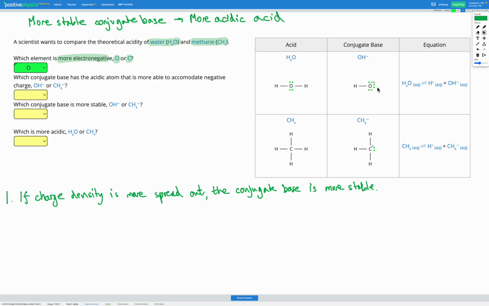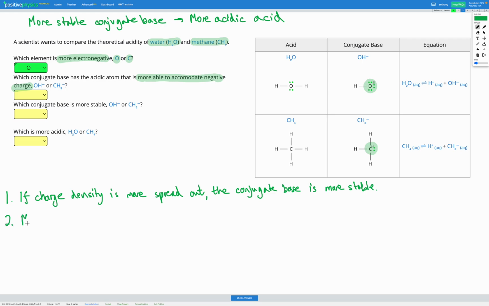So looking at our conjugate bases here, the oxygen and the carbon are the atoms that have the extra electron on them. That's why the negative charge is drawn on those atoms. So the oxygen and carbon atoms have to be able to accommodate that extra charge. So the question is, which of those, oxygen or carbon, is going to be more able to accommodate negative charge? The answer here comes from which one is more electronegative.